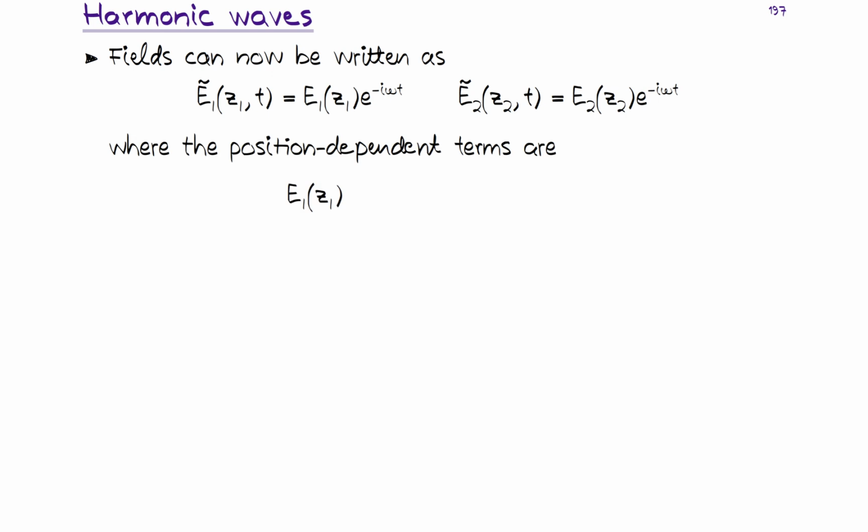The position-dependent terms are of a form where we have some initial amplitude, then an initial phase, and then the propagation to the point Z1. This can be written as just the complex-valued A1. So we hide the initial phase in here. Sorry, we don't.